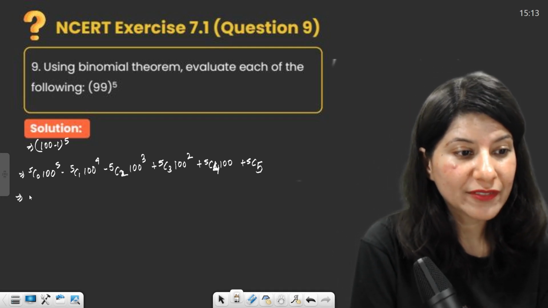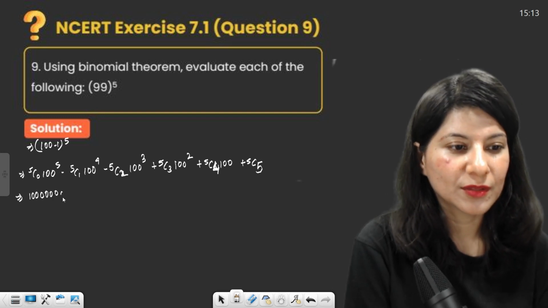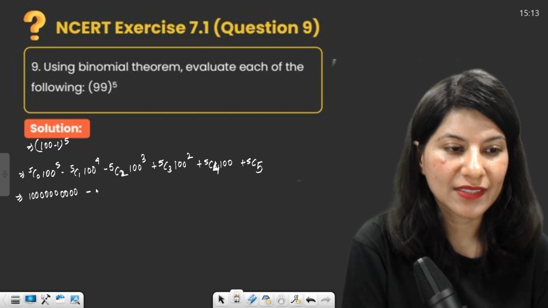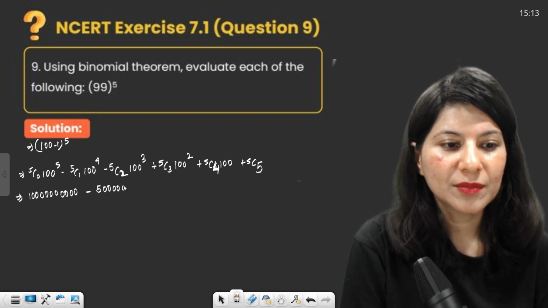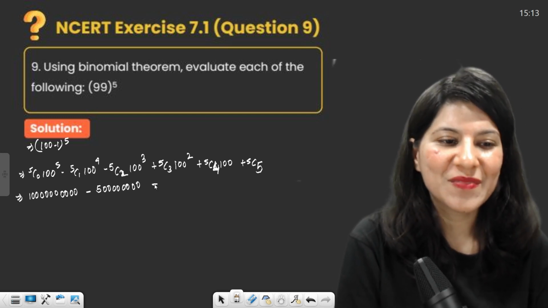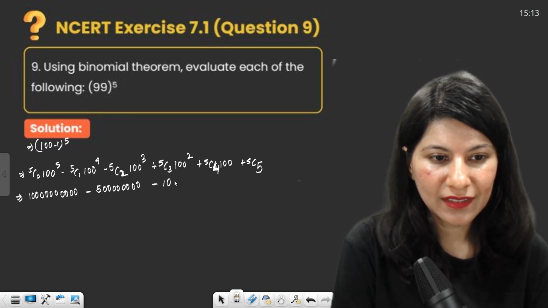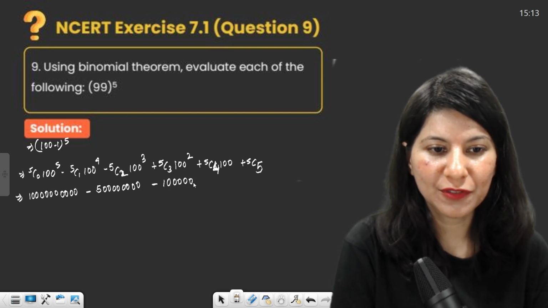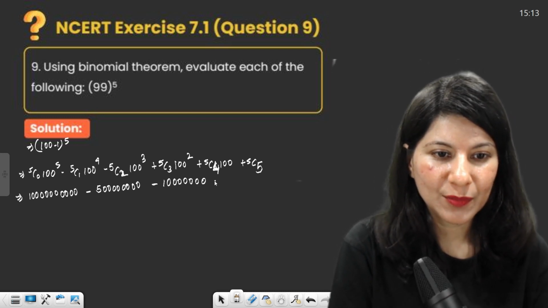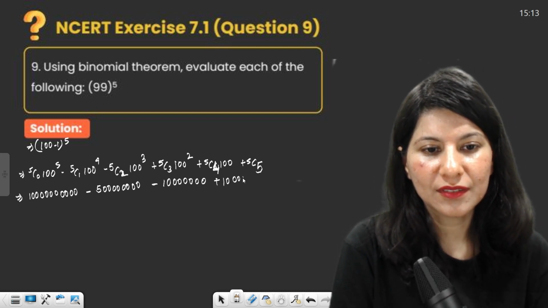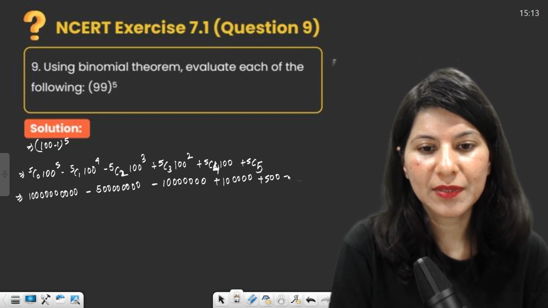Okay, so 100 raised to power 5 is 10,000,000,000, minus 5 into 100 raised to power 4, which is 500,000,000, minus 5C2 is 10, then 00 for cube, and so on. 5C3 is also 10. 5C4 is 5, plus 500 plus 1.